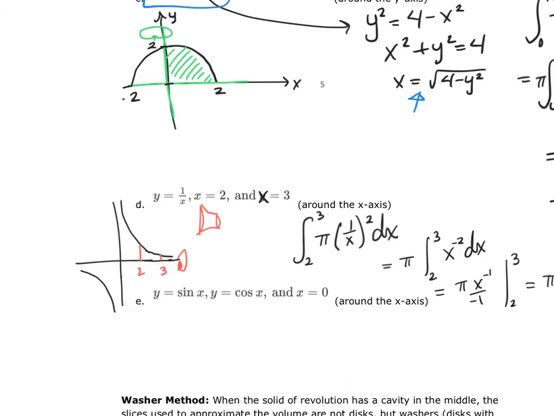So let's actually adjust for when y is equal to 3, because it's going to change it. Had that been y equal to 3 and x equal to 2, then I'd have to figure out what the x is that produces this y. I just totally read that as x equal to 3. So I have to figure out the x value that is associated with that. So I'd say 3 is equal to 1 over x, and solving for x gives 1/3.